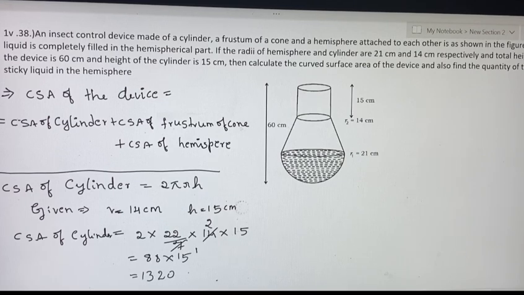Do not forget to write the unit. So here the unit is cm square. So now we got the answer of CSA of cylinder, which is 1320 centimeter square.